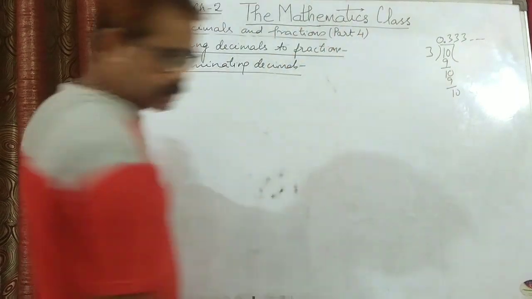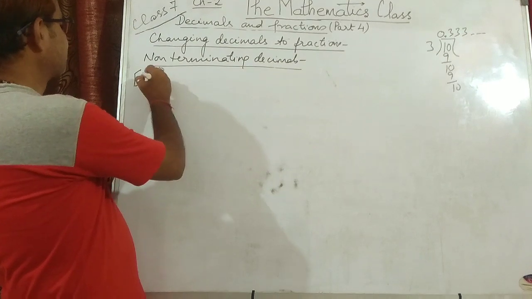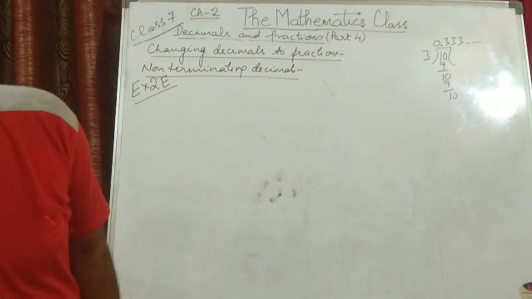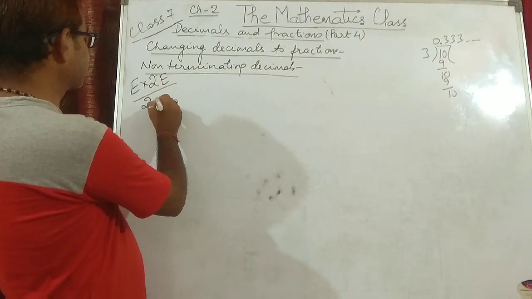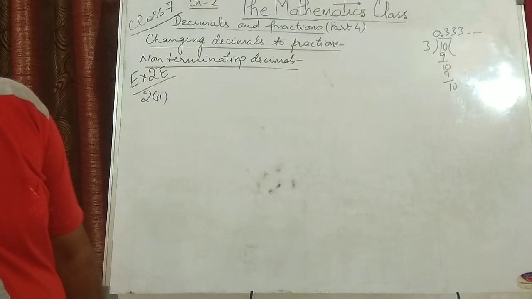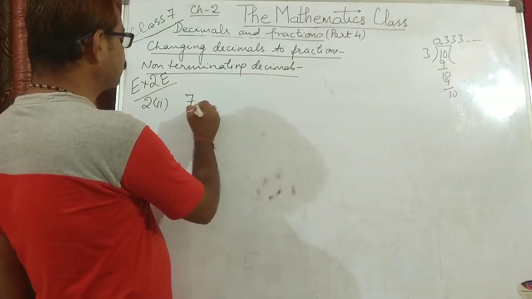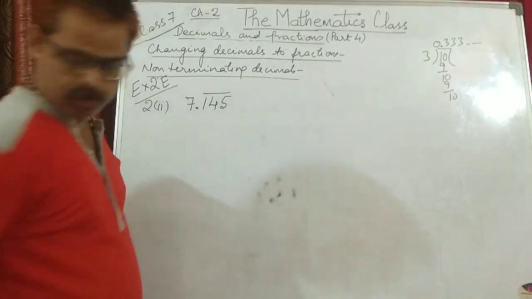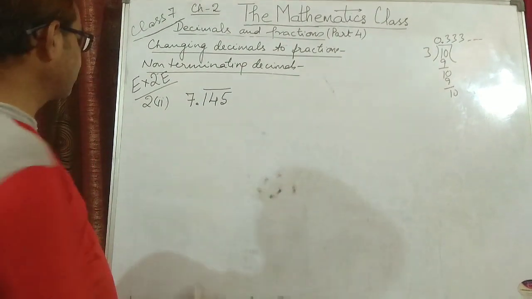Question is from your exercise 2E, and I am taking question number 2 second part. Now what is it? 7.145 and bar on all the 3 digits 145. First of all, what we will do?